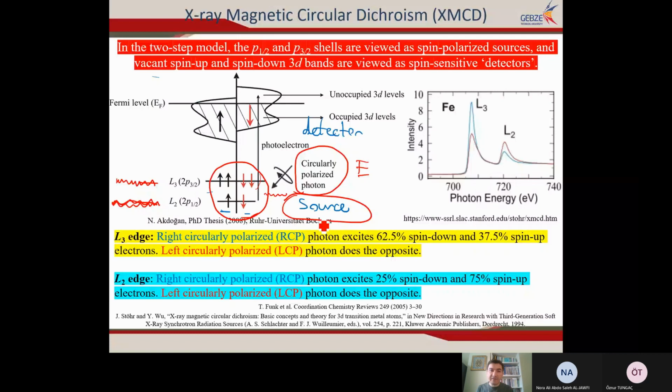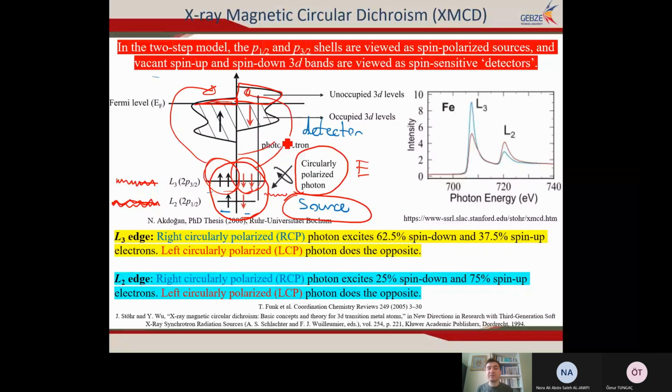And here we have some unoccupied levels, some empty levels in the 3D band structure, okay? And for example, here you excite from this level spin up electrons, but we have less place here for them. But if you excite spin down electrons, we have more place for spin down electrons.